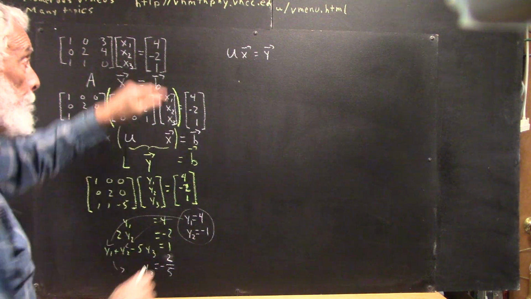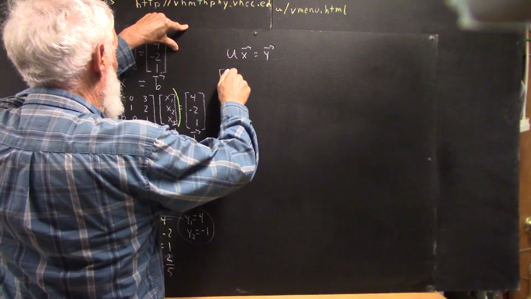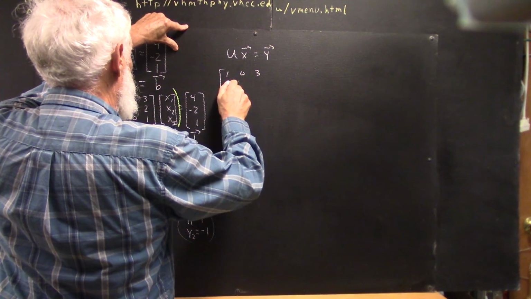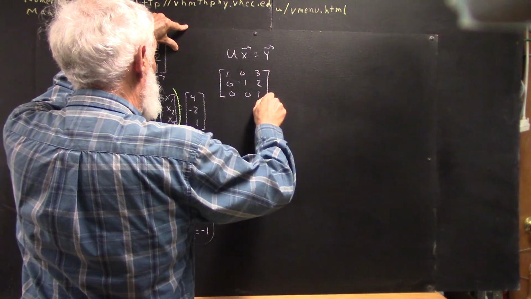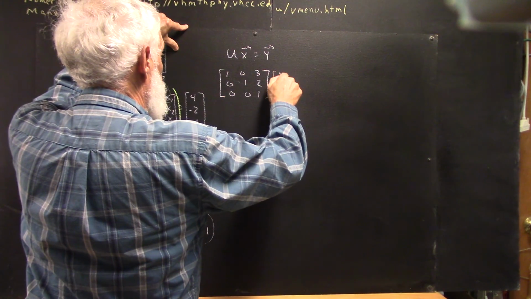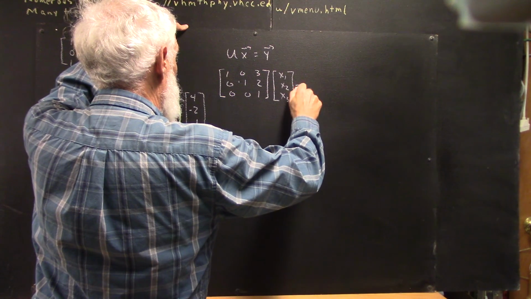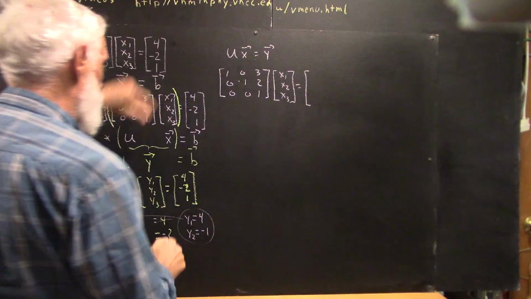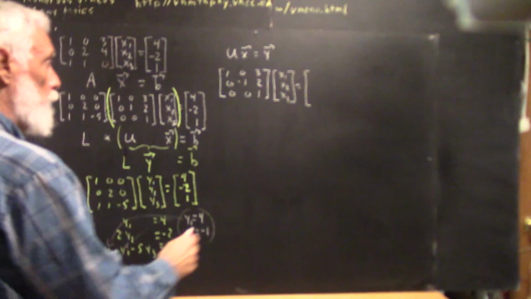We've got y, and we know what u is, so this becomes 1, 0, 3, 0, 1, 2, 0, 0, 1, multiplied by our x1, x2, x3 vector, and that's going to equal our y vector, which is our 4, negative 1, negative 2/5.